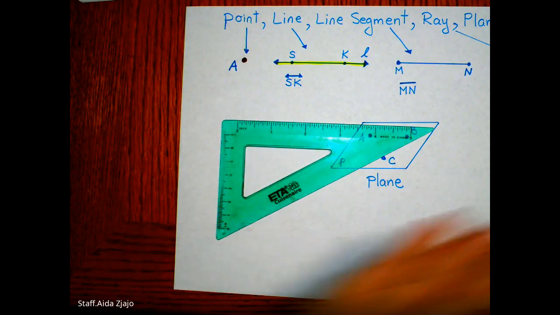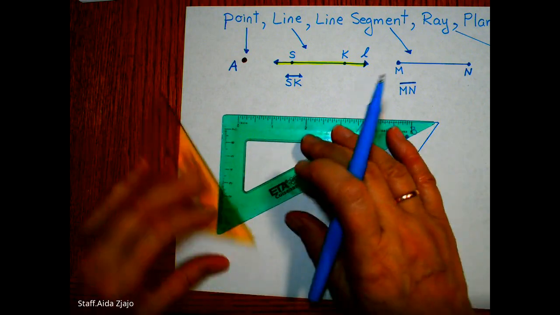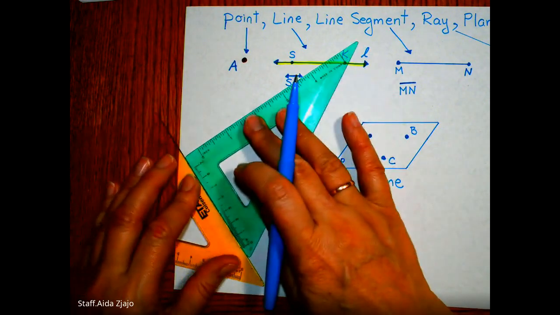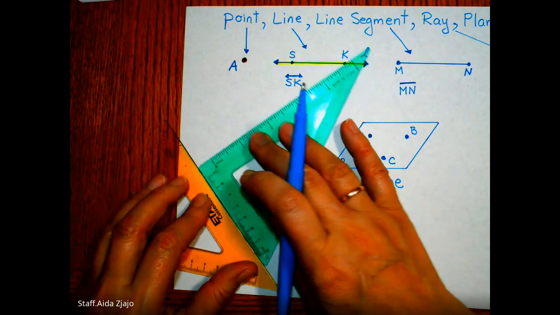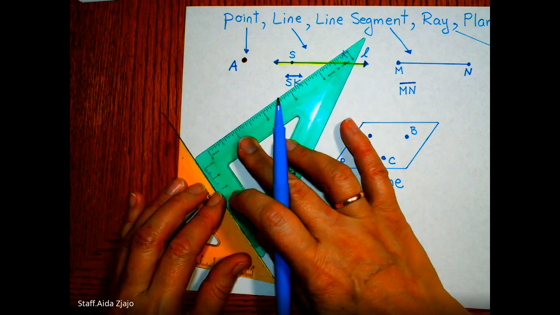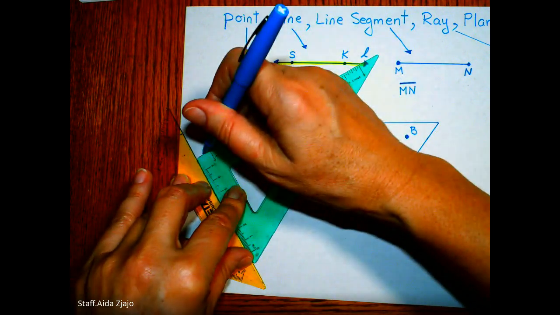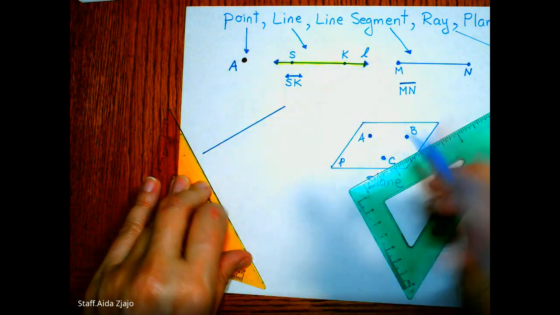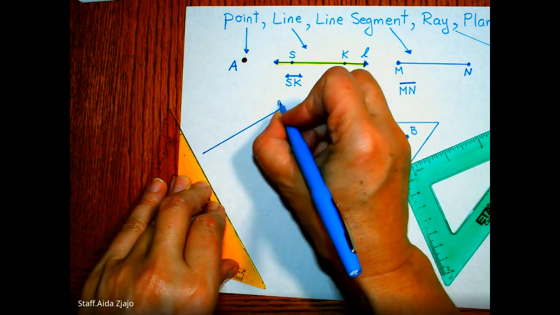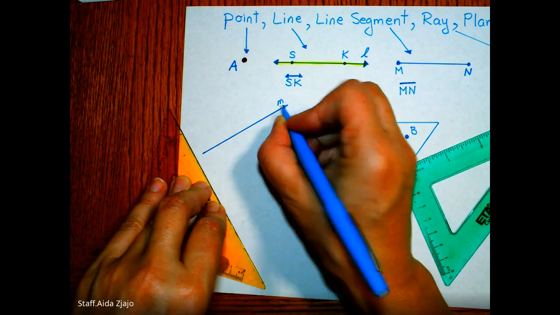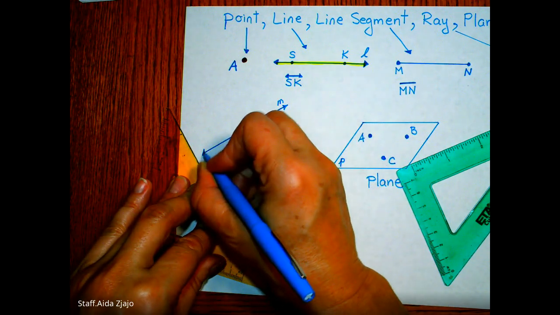So for parallel lines, I can do it this way if I would like to. I'm going to draw one line right here, and that could be line M, but I need to make arrows at the end.